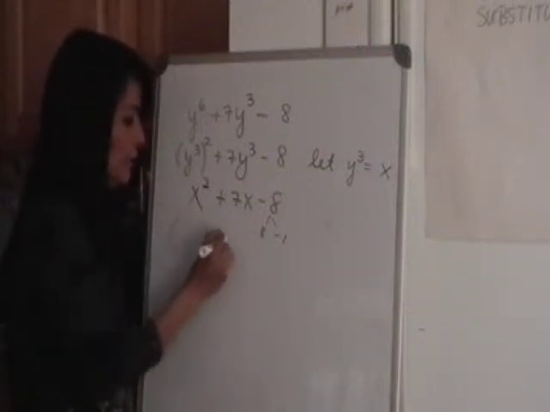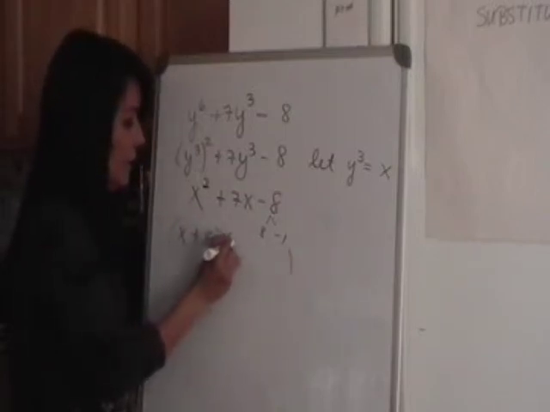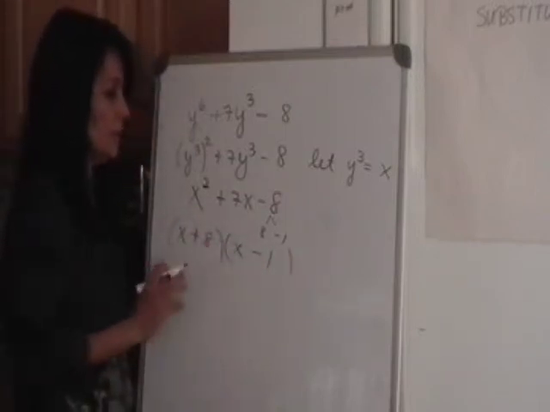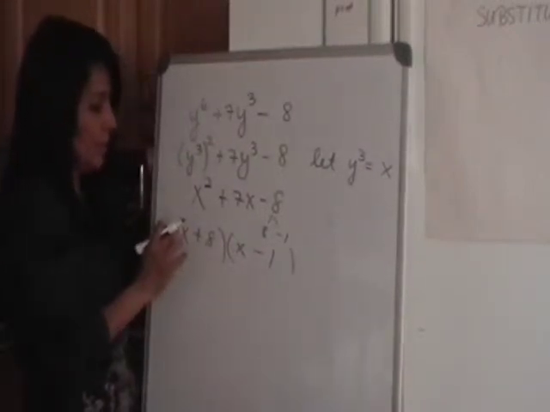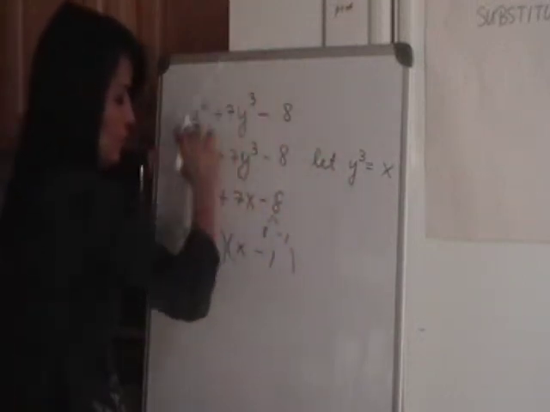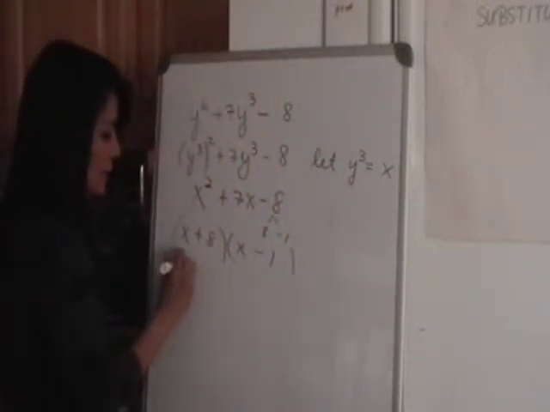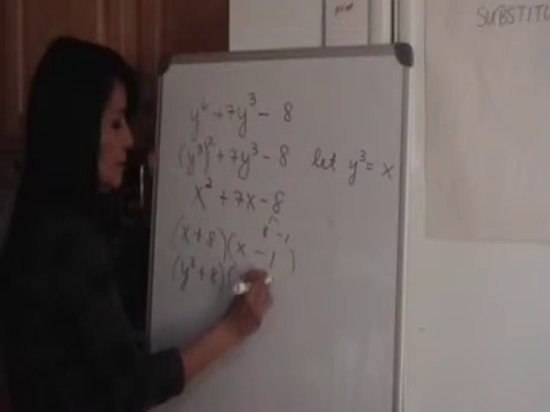So therefore, the factored form is going to be x plus 8 and x minus 1. That's as far as the letter x is concerned, okay? But remember that x really was y cubed, okay? So you go back to what x really is, and it's y cubed, and then you have y cubed plus 8 and y cubed minus 1.